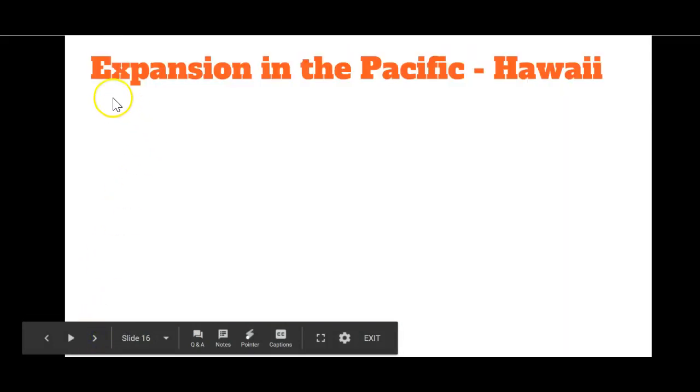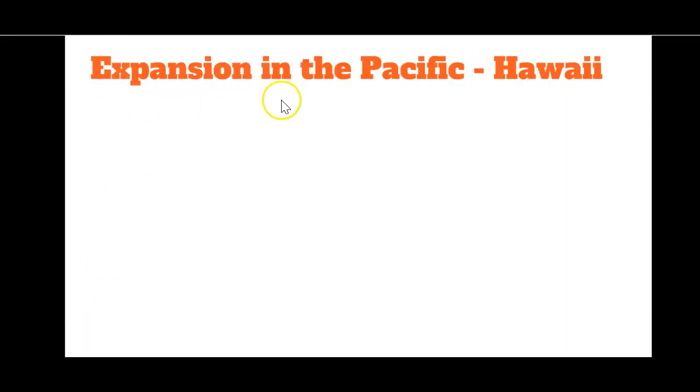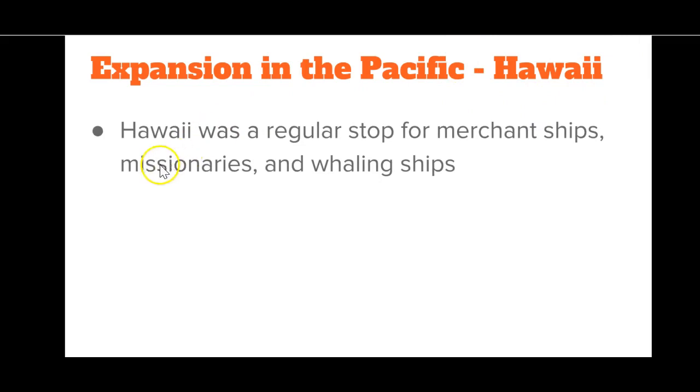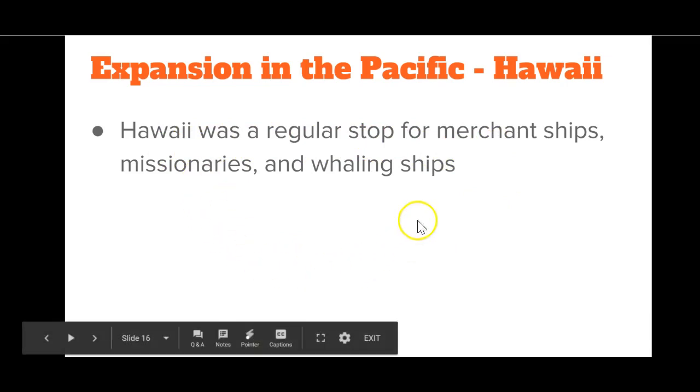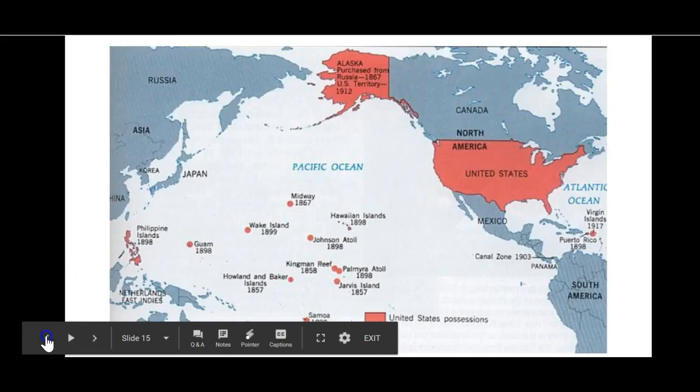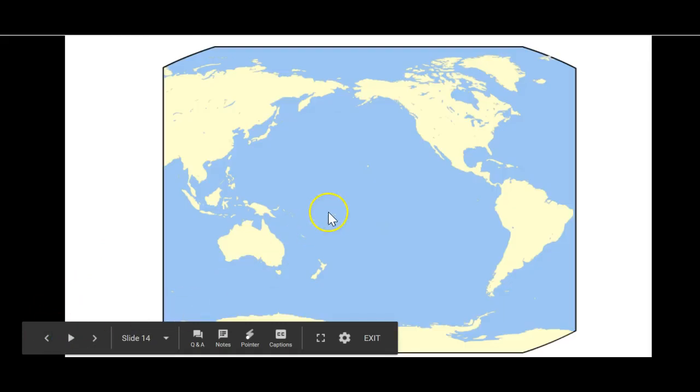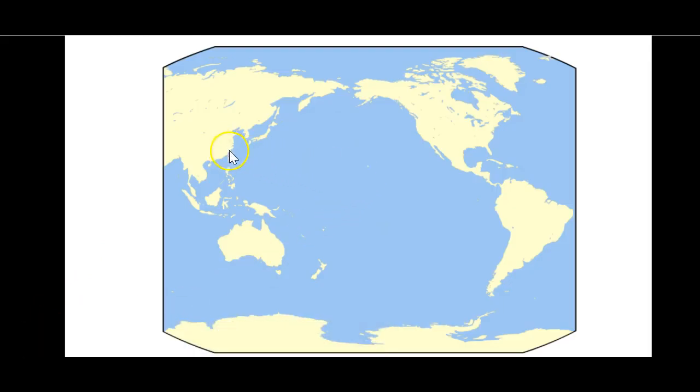Okay, so let's talk about how the United States became an imperial power in the Pacific, specifically focusing on Hawaii. I want you to know that Hawaii was a regular stop for merchant ships, missionaries, and whaling ships. If you go back to this map, this gives you an idea of how far across the Pacific Ocean it really is to cross.